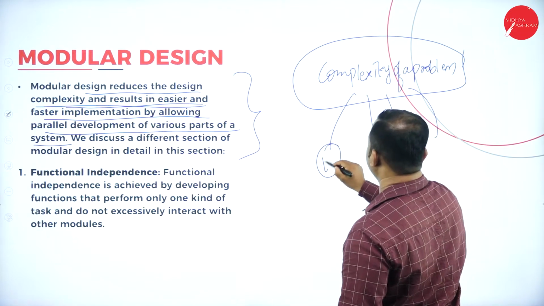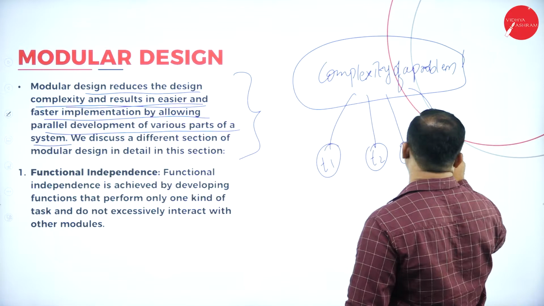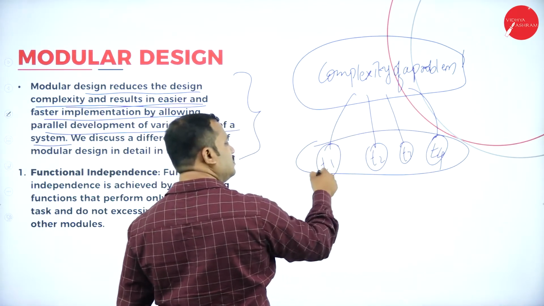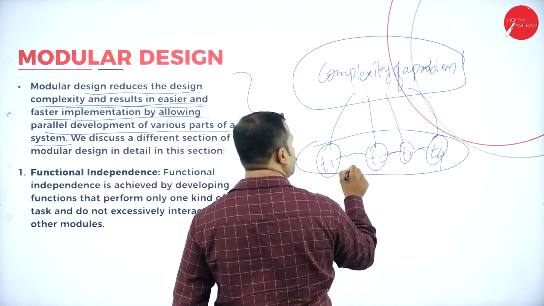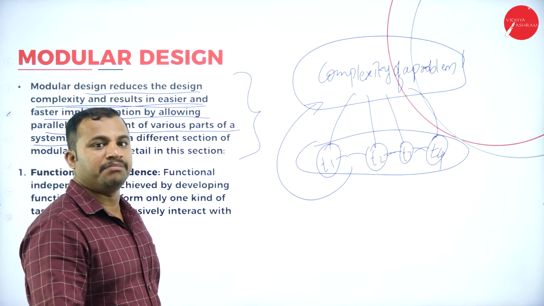These may be assigned to team 1, team 2, team 3, team 4, so that all these teams will be working parallelly, and finally the solutions of T1, T2, T3, T4 are integrated together to get the solution of this. So this becomes a faster implementation, that is, the development of a system.